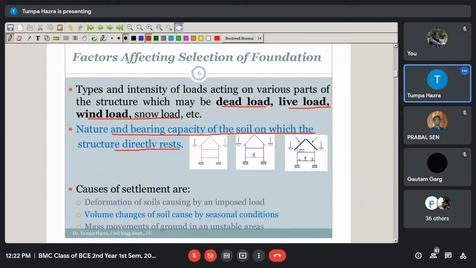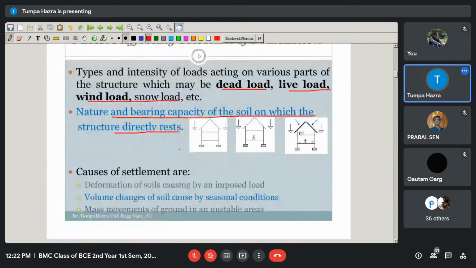As I have already told you, if the load is not within the permissible limit of the bearing capacity, then it will cause unequal or differential settlement. And why may unequal or differential settlements occur?